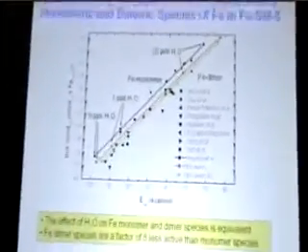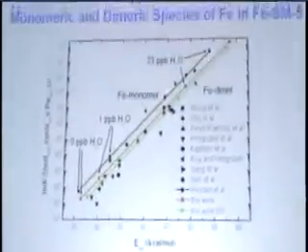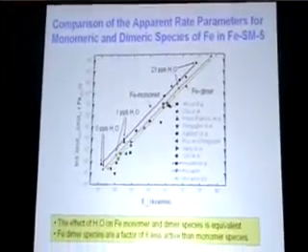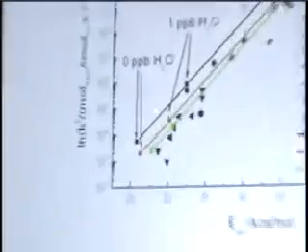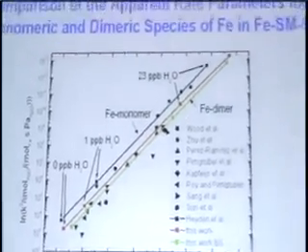But there is a pattern that the points fall along this diagonal over here. So now we plot our calculations for the monomer in the black line and the dimeric iron structure in the green line over here. And we find that the only parameter that is varied here to make the line is the water content in the stream going up to the catalyst.